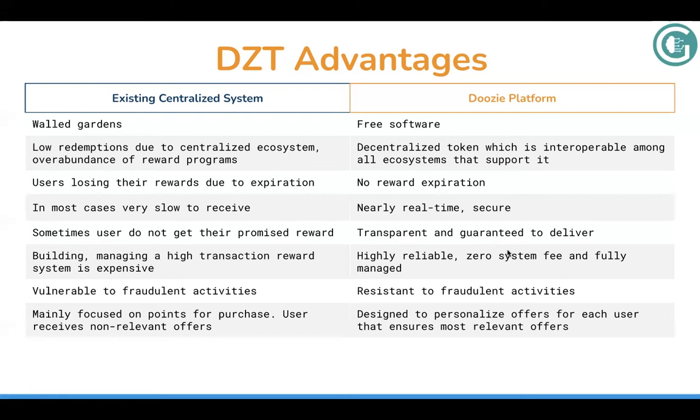Since we have a transparent way, with Doozie token we can promise that the reward will be delivered to the user upon successful fulfillment of the conditions. Centralized systems are expensive. In our case, it's highly reliable with zero system fee and fully managed. By fully managed, I mean that it will be very easy for businesses to integrate it into their system.